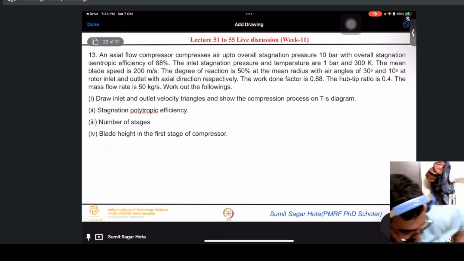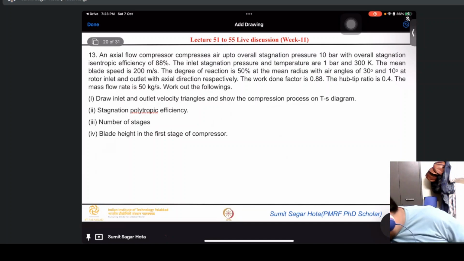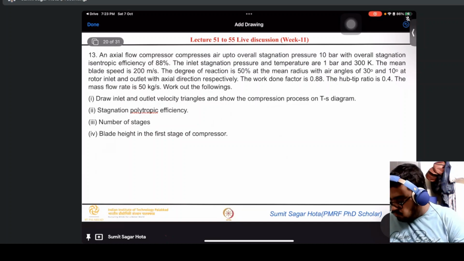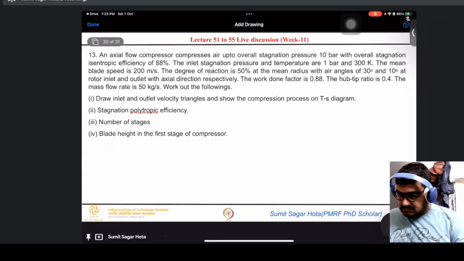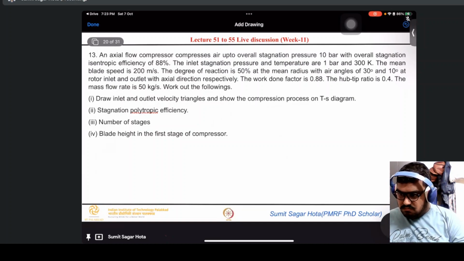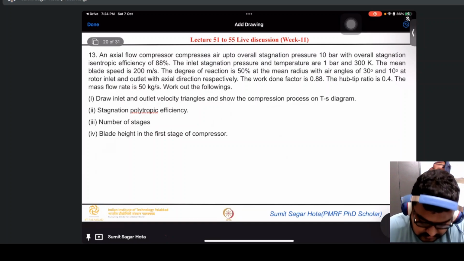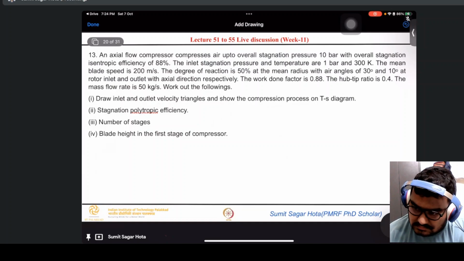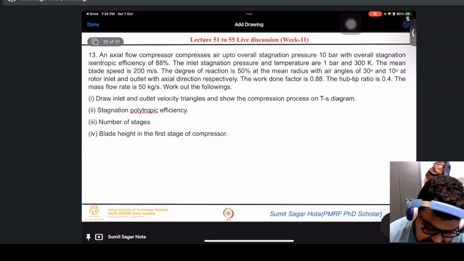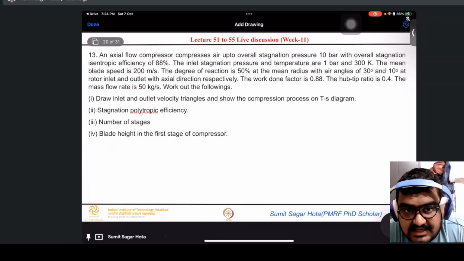Now the next question. An axial flow compressor compresses air up to an overall stagnation pressure of 10 bar with overall stagnation isentropic efficiency of 88%.